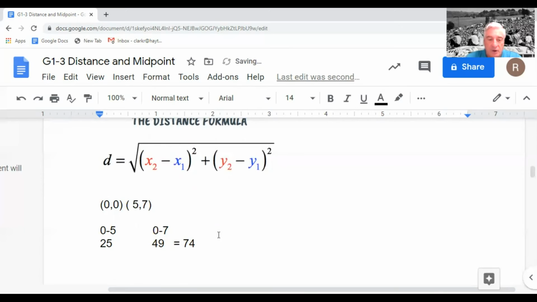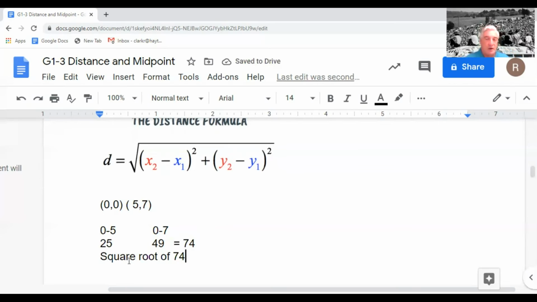A lot of times on my word processor, the square root looks like this. The square root of 74 is our answer.